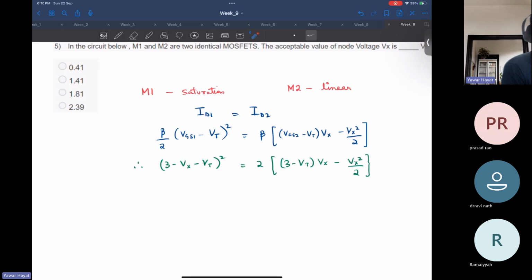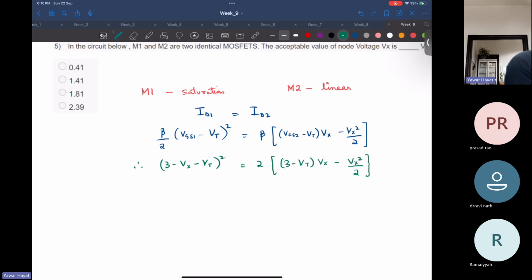That is actually the simplest one. I'll use the value 0.41 first in place of Vx, and what will I get? The other unknown in the equation is VT, right?